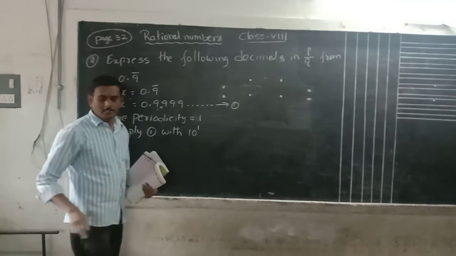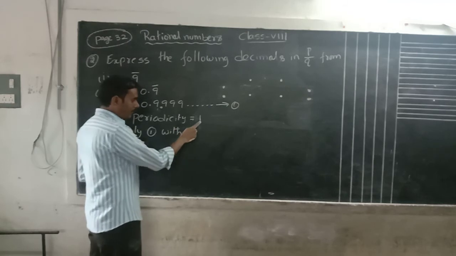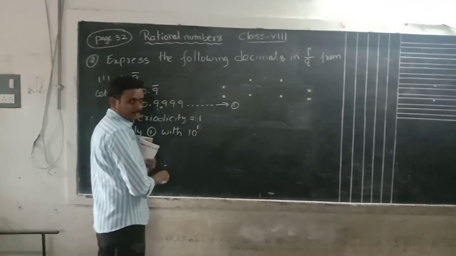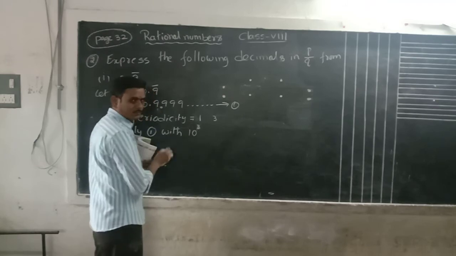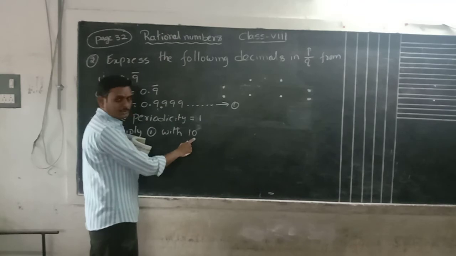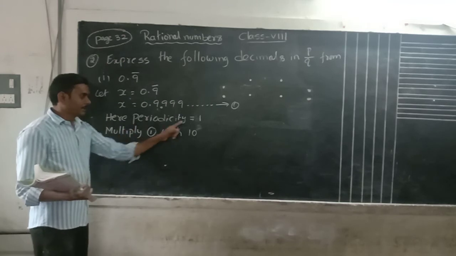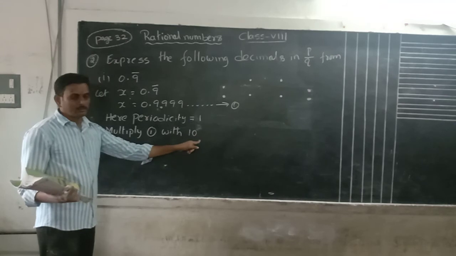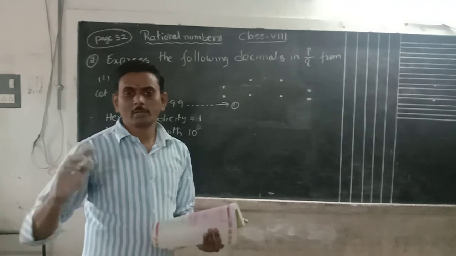Here 10 is the common base. For example, if periodicity is 3, we write 1 followed by 3 zeros. Periodicity 1 means 1 followed by 1 zero, so multiply equation 1 with 10. Periodicity 2 means 1 followed by 2 zeros.